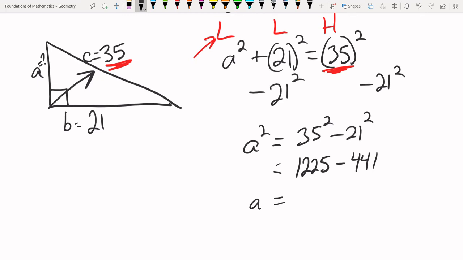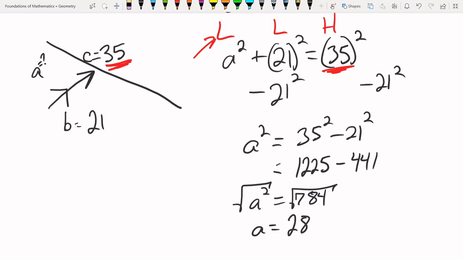That gives us a squared equal to 784. Once again, we need to take a square root of this, and we're only considering the positive case. A is going to equal 28.